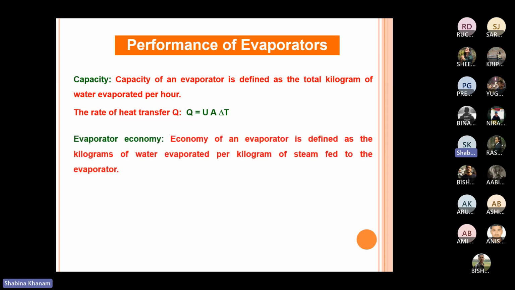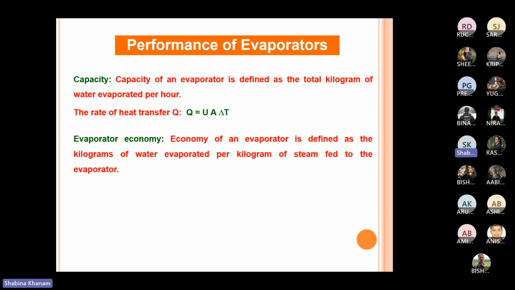Another parameter we have is the evaporator economy. The economy of an evaporator is usually defined as how much water is evaporated per unit consumption of steam.